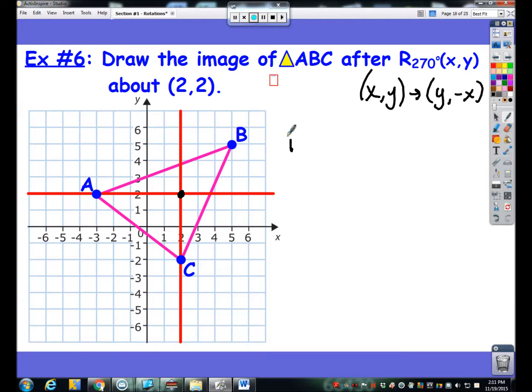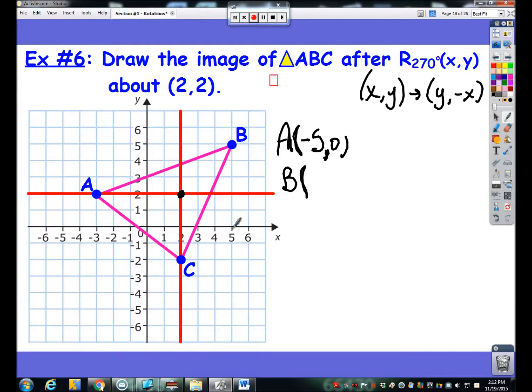So point A, normally, if we were talking the normal way here, point A would be negative 3, 2, right? But if we're going to say this is now 0, 0, so that we can try to use our rule here, point A would be 1, 2, 3, 4, 5, negative 5, 0. That is the imagination A, if you will. So where's point B at?